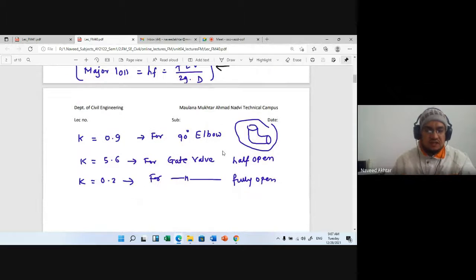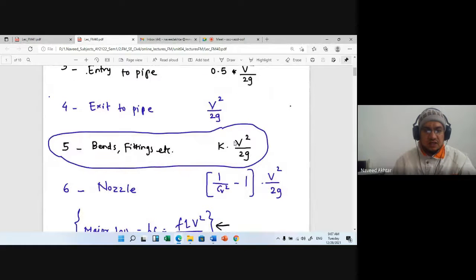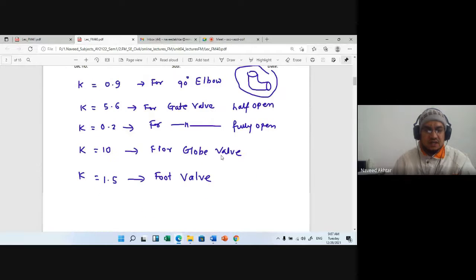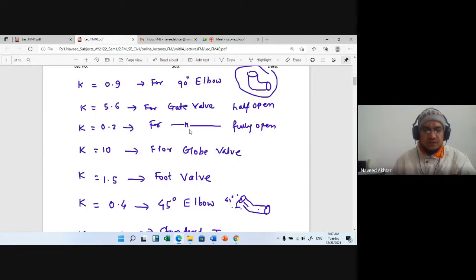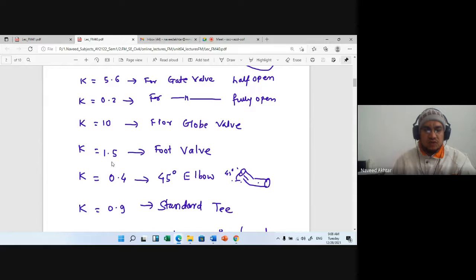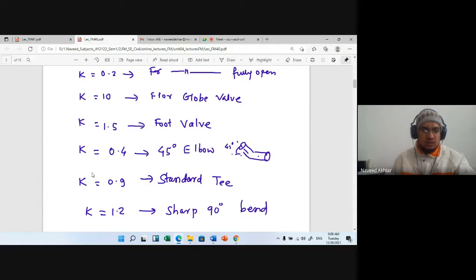Based on this, the value of K for bends and fittings is given: K is equal to 0.9 for a 90-degree elbow, K is equal to 5.6 for a gate valve half open, K is equal to 0.2 for a gate valve fully open, K is equal to 10 for a globe valve, K is equal to 1.5 for the foot valve, which we provide in the water tank to automatically close the supply.